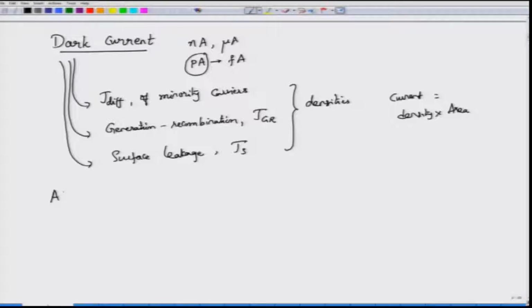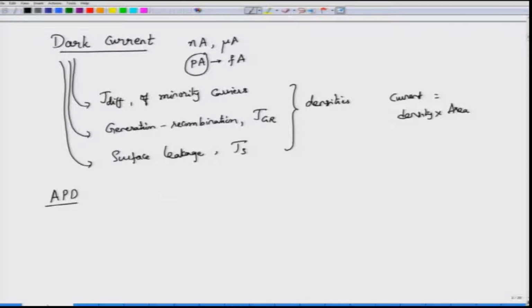Now, if you go to APDs, the avalanche photodiodes, we have already discussed them, and they differ from regular PIN photodiodes in the sense that you actually have what is called a multiplicative gain. This simply means that in an APD, once you generate an electron hole pair, these electron hole pairs will impact ionize the material.